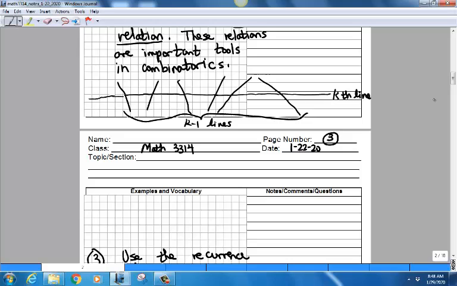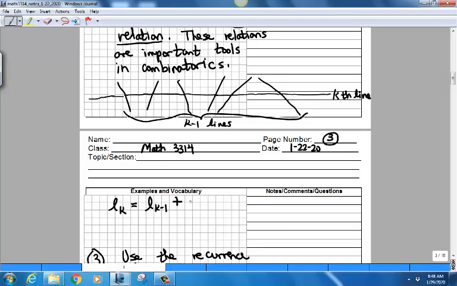Okay, all right. So that's really the clue. Now I can write down my formula for L sub k. Remember, this is the number of regions when I have k lines. So the number of regions when I have k lines is going to be what? It's the same as the number of regions when I had one fewer line, plus what happens when I add the kth line in?